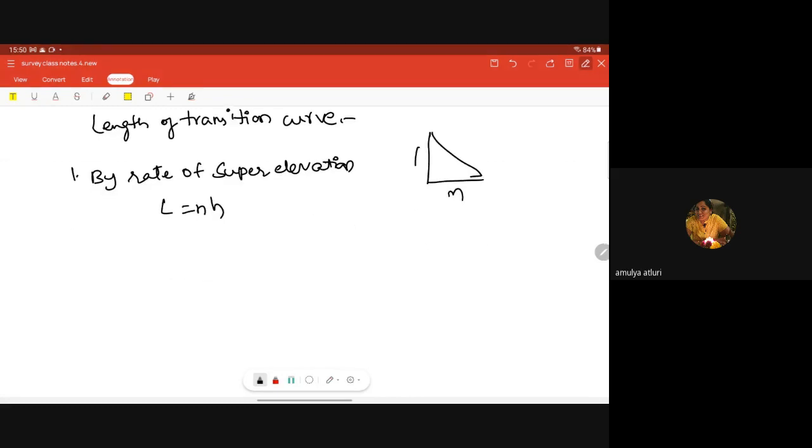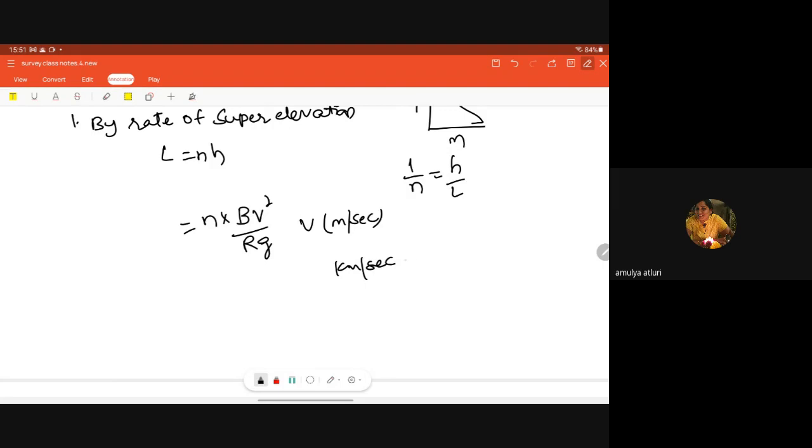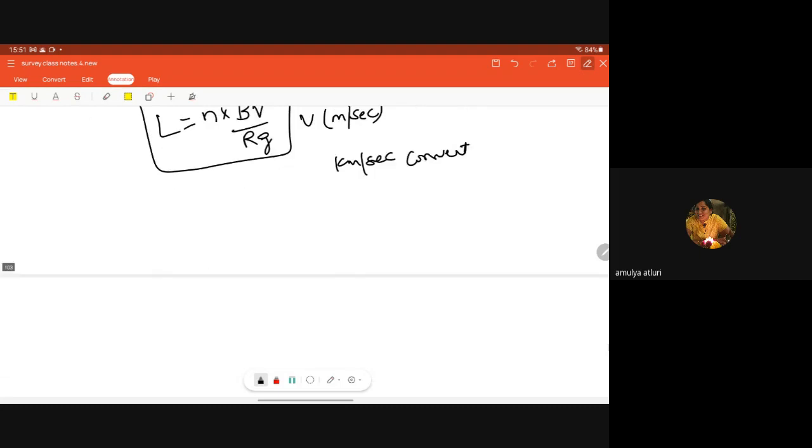You know it, right? 1 by n is equal to h by L, similar triangles. That is equal to n into h, which is V square by Rg. V is velocity in meters per second. If it is in kilometers per hour, you need to convert it. First, by rate of super elevation, this is your length of transition curve.